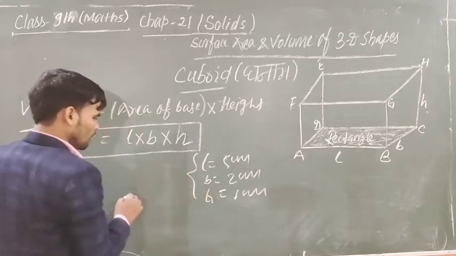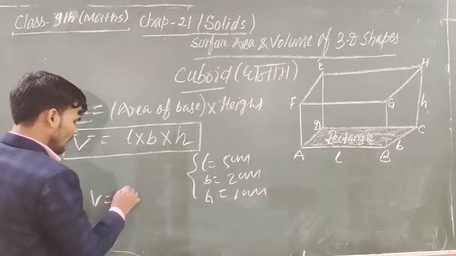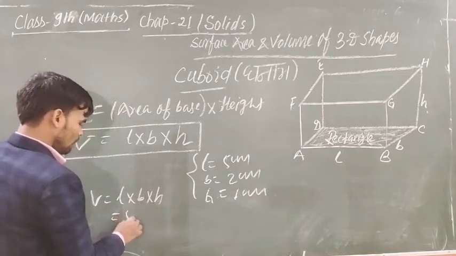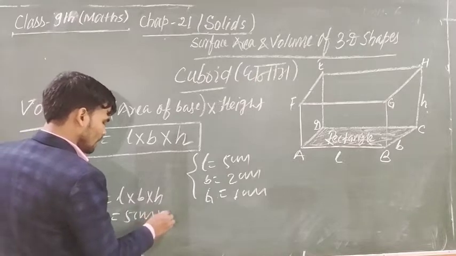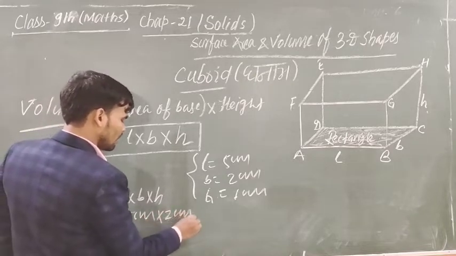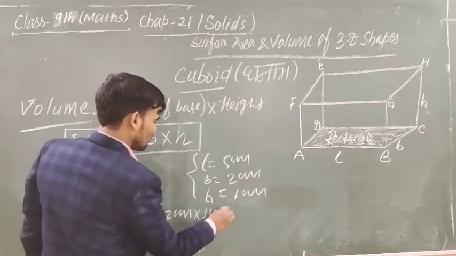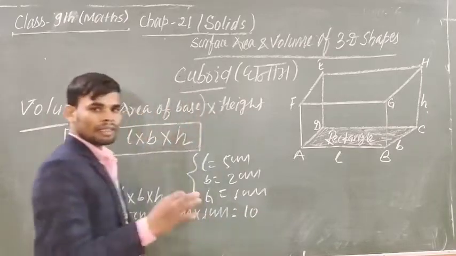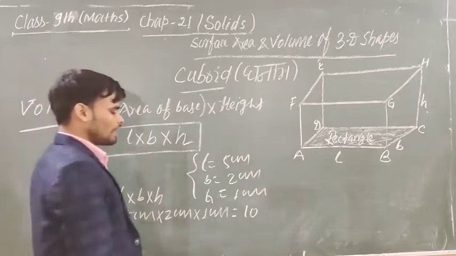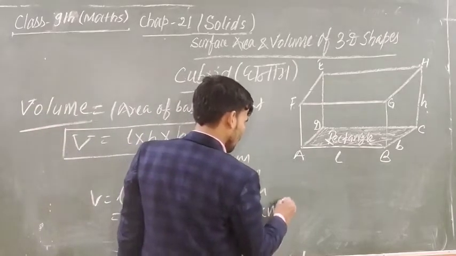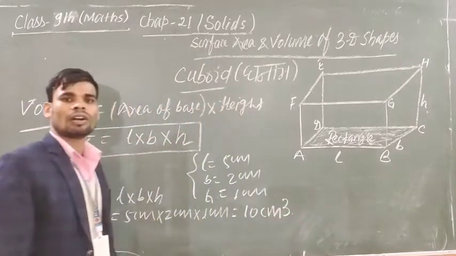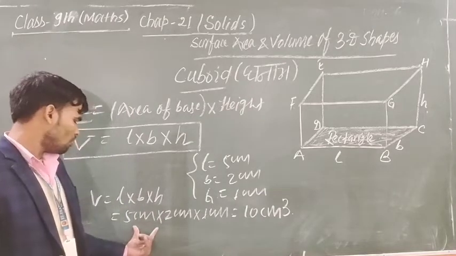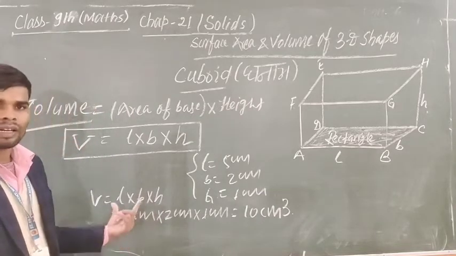The volume V will be equal to length into breadth into height, that is 5 centimeter multiply 2 centimeter multiply 1 centimeter, and it will be 10. Centimeter multiply centimeter will be centimeter cube. Got it? This is the formula for evaluating the volume of a cuboid.